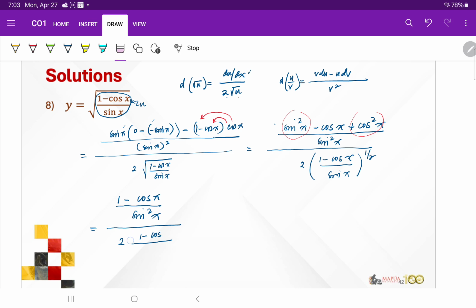Oh, I could write it this way. Hold on. It can be written as, hold on. The numerator is now 1 minus cosine x to the 1/2 over sine of x to the 1/2, which can be written as what?